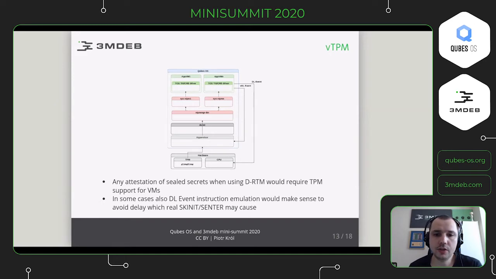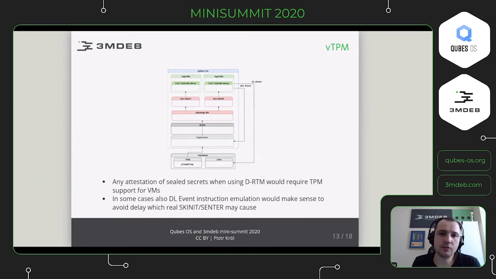In general, vTPM is not exactly needed if we're using dynamic launch instructions like SKINIT or SENTER, but it may be very useful in situations where we're trying to use virtual dynamic launch or virtual secure launch instructions. So let's say our QEMU emulates the SKINIT instruction or SENTER instruction. In that way, the hypervisor can speed up the same process of late launch for only one given VM and re-establish trust in that VM or in the set of processes running inside this VM.